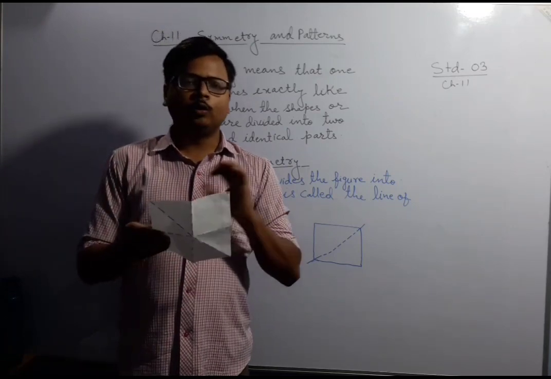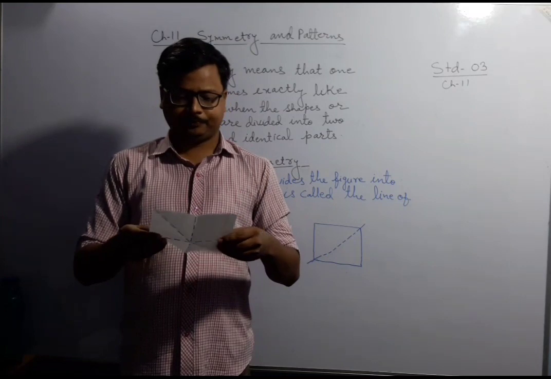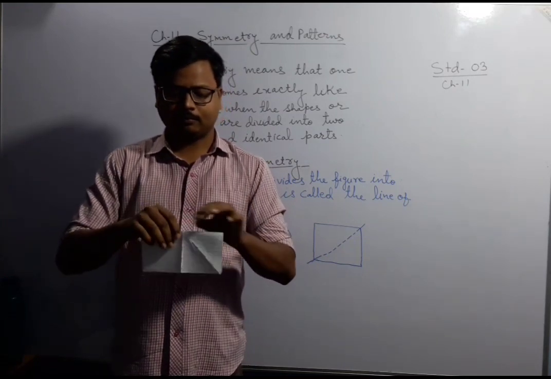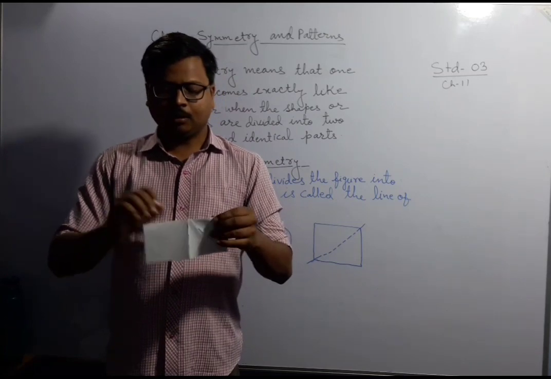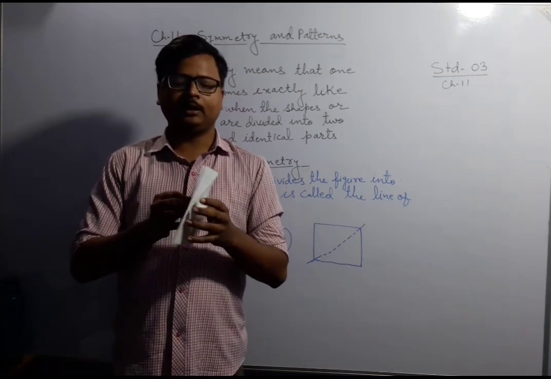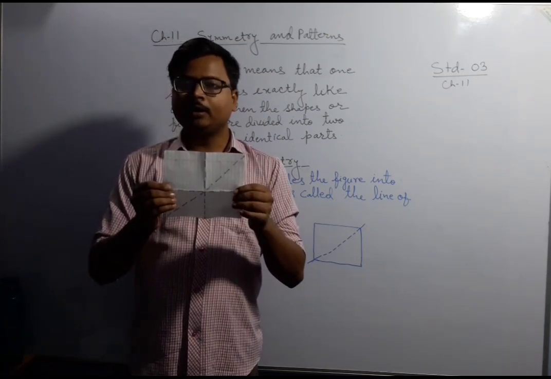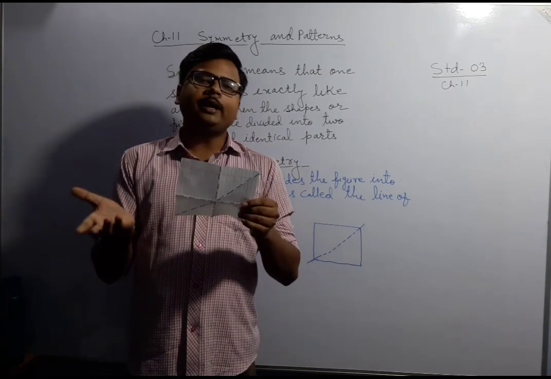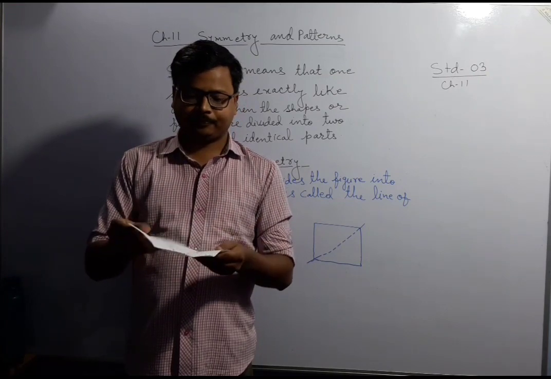Let us try to fold this paper in another way. I have folded this paper in another way, and again what did we get? We got two sides of equal halves. Let us try one more step.